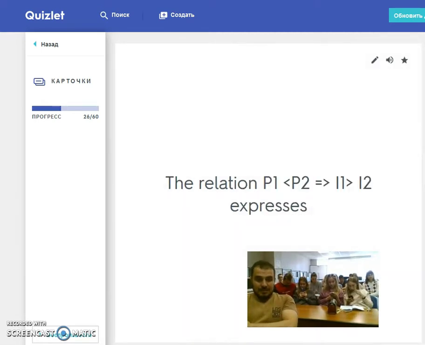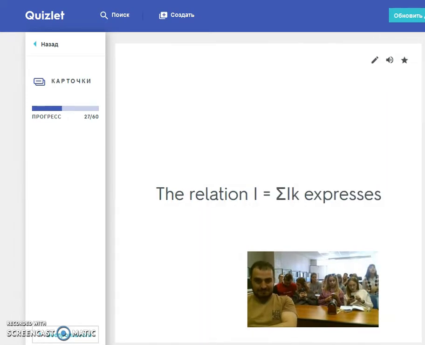The relation P1 less than P2, I1 bigger than I2 expresses.